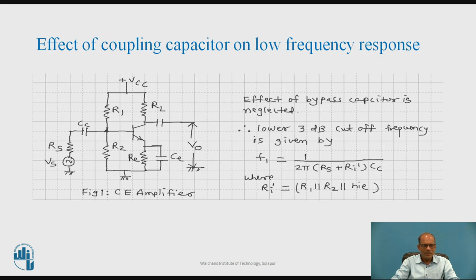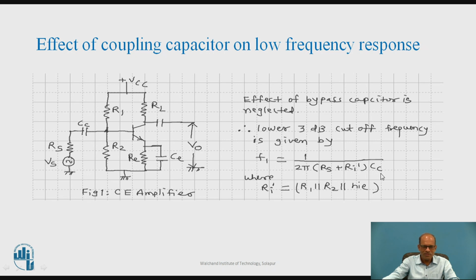Now second, we analyze the effect of coupling capacitor on low frequency response. So the same circuit is repeated here, and the effect of bypass capacitor is neglected while analyzing the effect of coupling capacitor, and therefore the lower 3 dB cutoff frequency is given by F1 is equal to 1 upon 2 pi (Rs plus Ri dash) Cc.